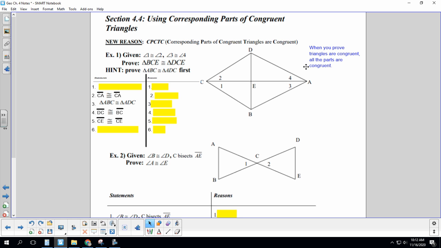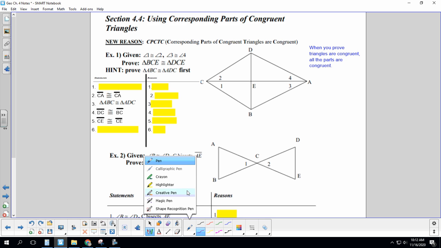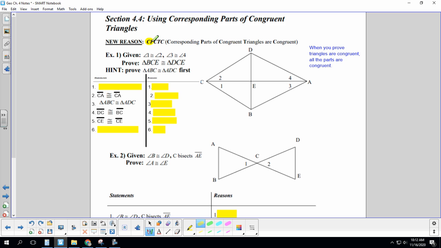What that means for us is when you prove that triangles are congruent, all the parts in the triangles are congruent to each other. So we're going to use this fact to match up and declare parts that are corresponding. So let's see how that works.